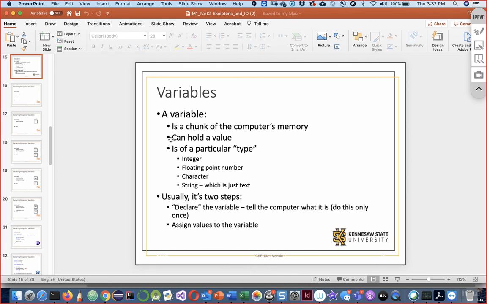This is the division sign, which gives the quotient. If you divide 25 by 3, the quotient is 8, and the remainder is 1. That can be found using the modulus operator. So 25 modulus 3 equals 1.